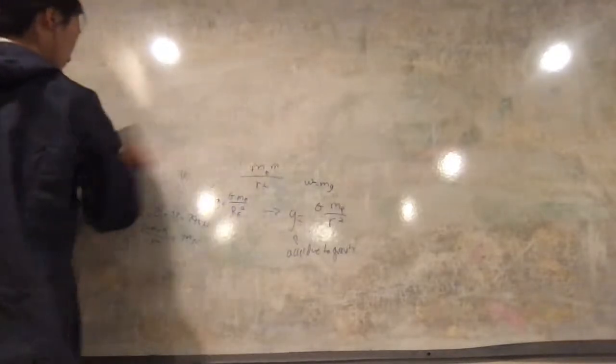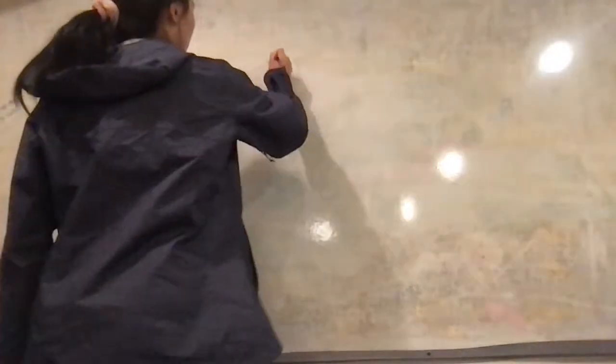Okay, and now let's talk about finding the velocity of an orbit. How do you find the v of orbit?